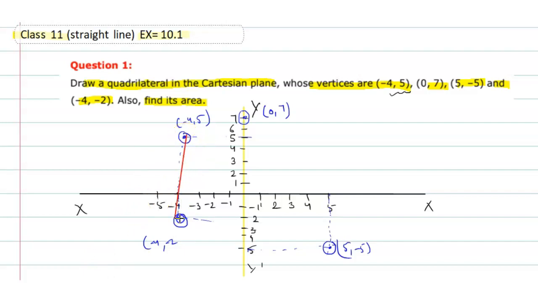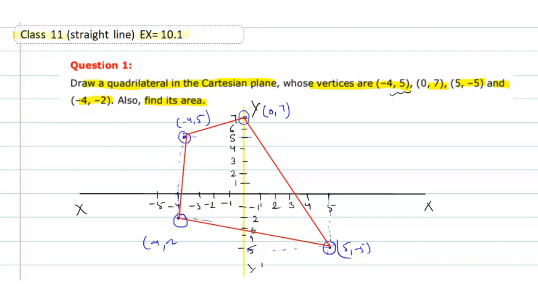Join these 4 points. Now you can see that this is a quadrilateral, and we also find the area of this quadrilateral.